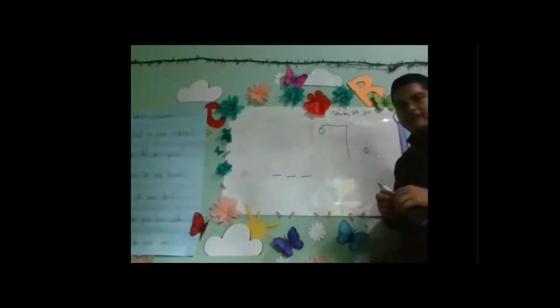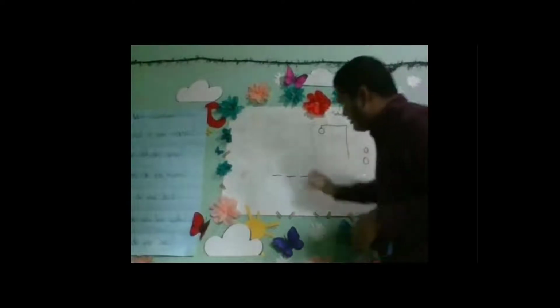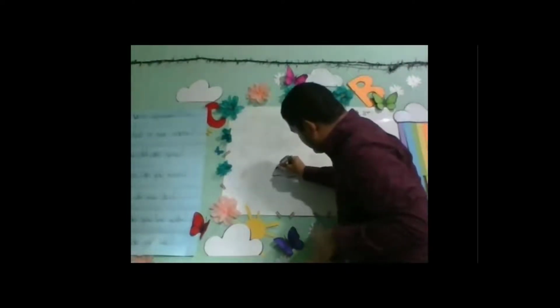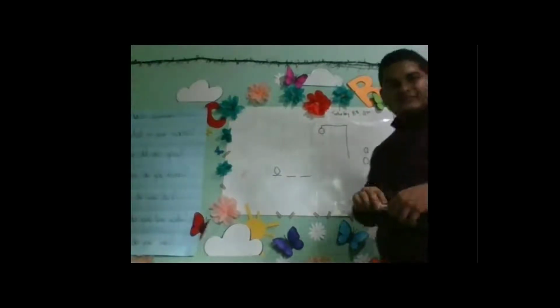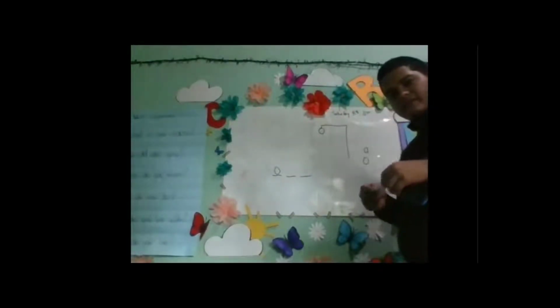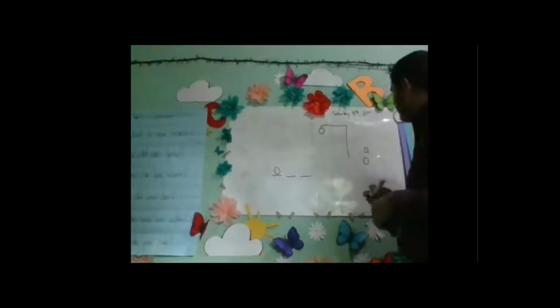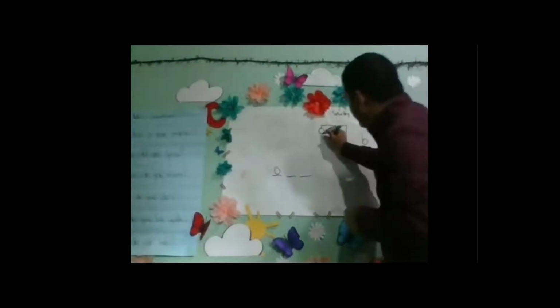The letter O, okay, excellent. The letter O appears in the word. Okay. Another one, okay, excellent. Letter B. No, the letter B doesn't appear here.